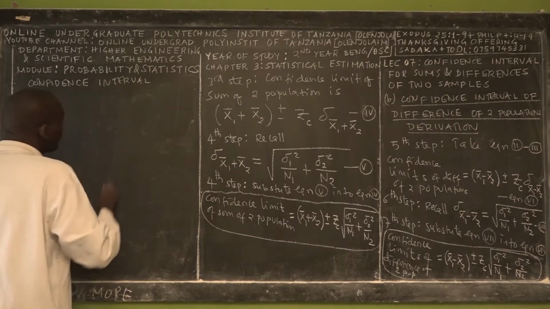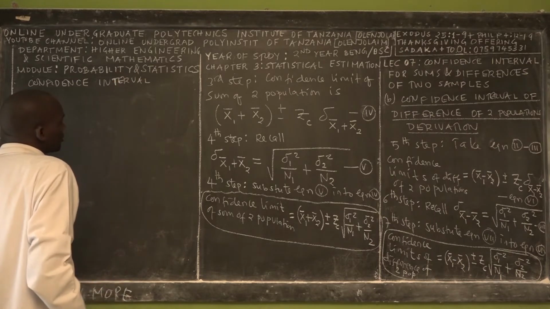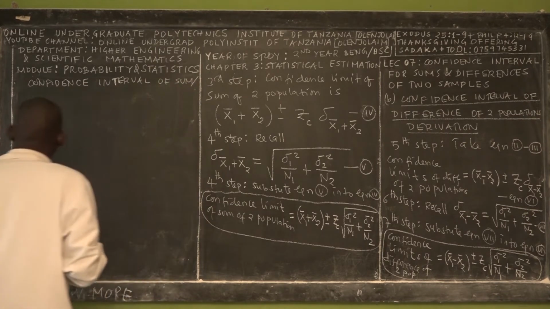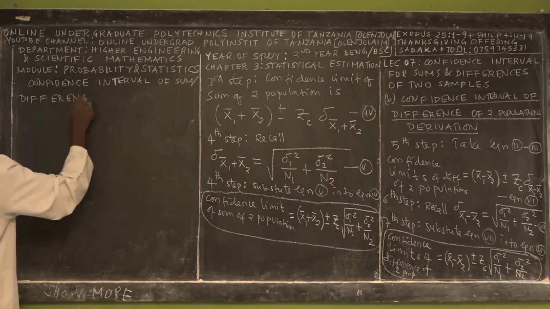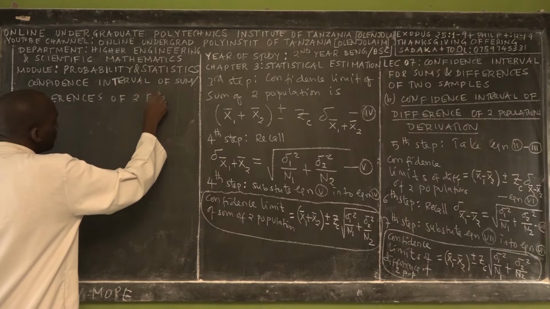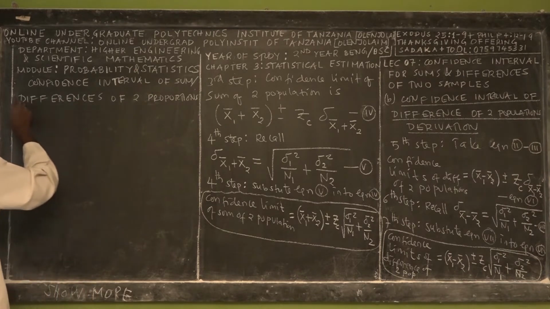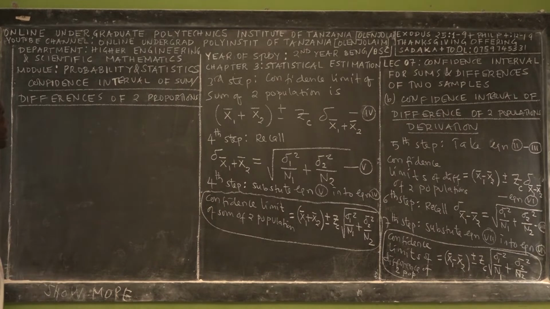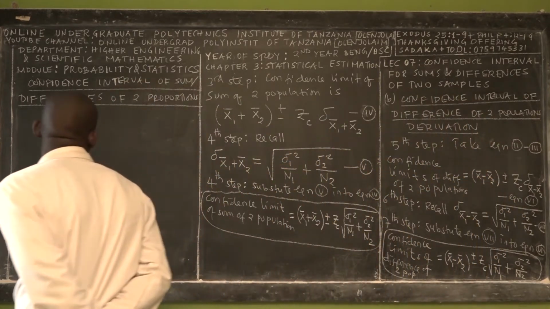Before we solve problems, the confidence interval of the sum or difference of two proportions.